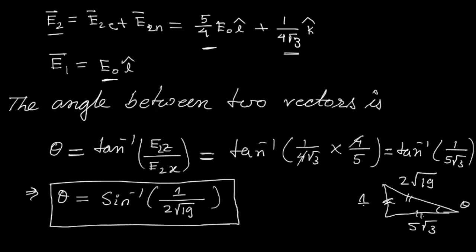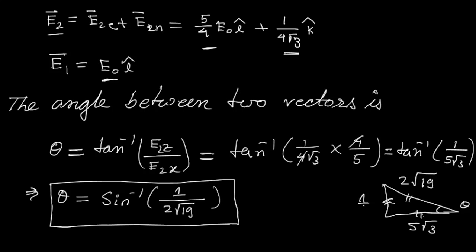Okay, so I hope you understood it. Whenever this type of question is asked, first you have to calculate the normal component and the tangent component of the electric field on one side of the interface, and then using the boundary conditions you have to calculate the tangent component and normal component of the electric field on the other side of the interface.